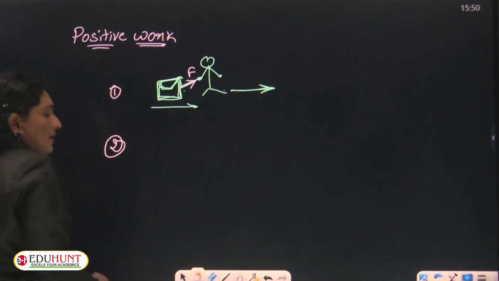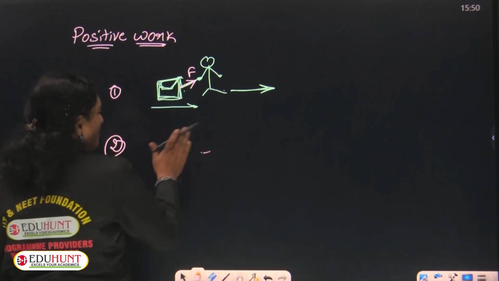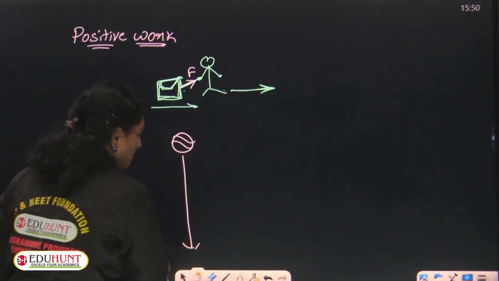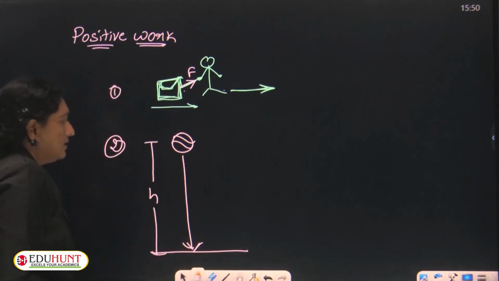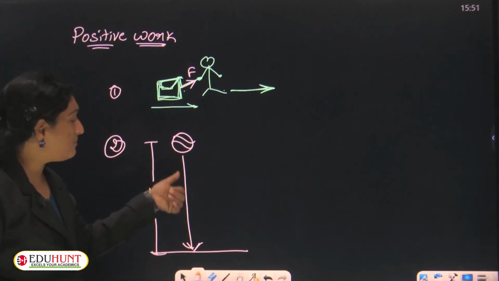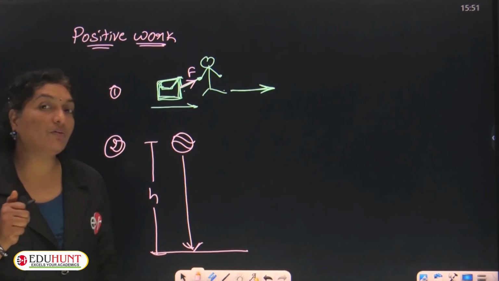Second one, gravity. Let us consider that a ball is dropped from a certain height. Why does the ball fall down? Because some force is acting on the ball. What type of force?